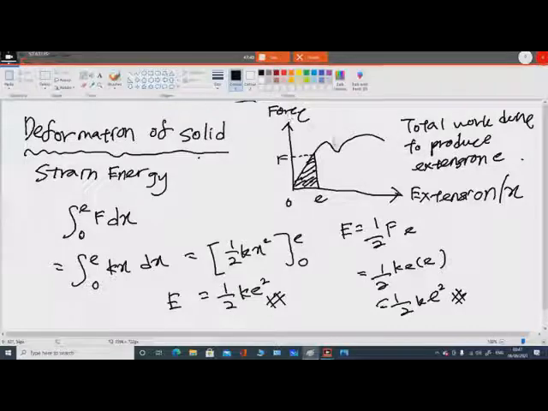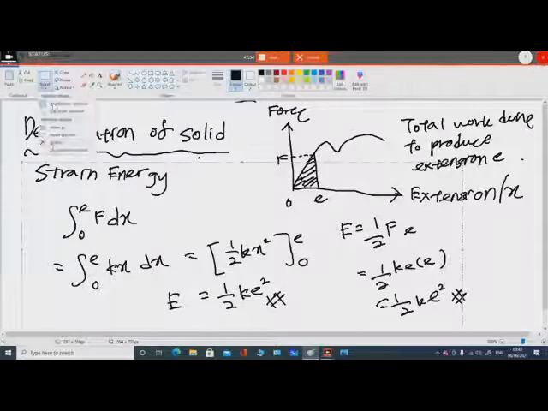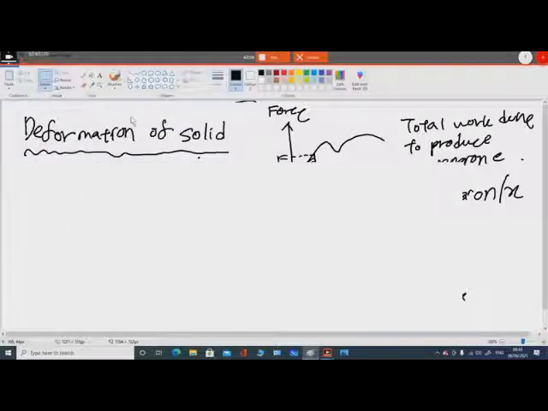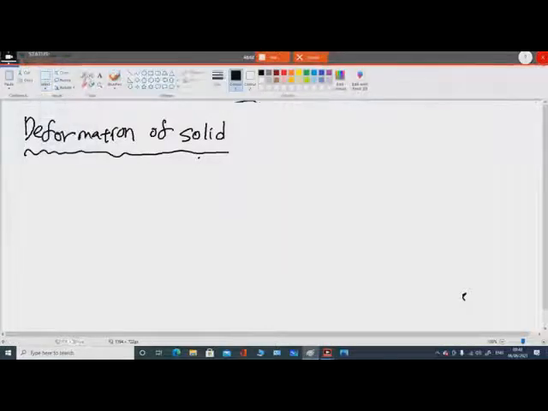Okay, so as we have the force extension graph, what about the stress strain graph? So let me erase this one and this one as well. So what if it is a stress strain graph?